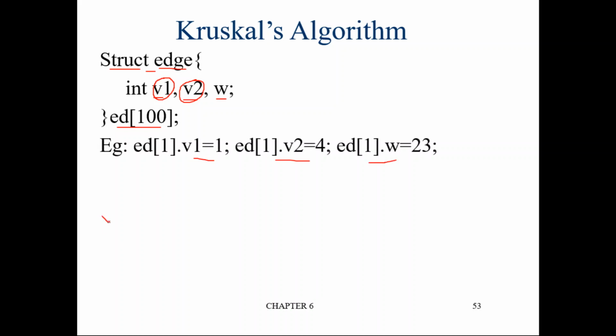It means there is an edge between v1 and v2, and the weight of this edge is 23. That is the meaning. So if you want to specify that there is an edge between two vertices v1 and v2 and its weight is 23, in the program we can specify it like this through this structure, right?